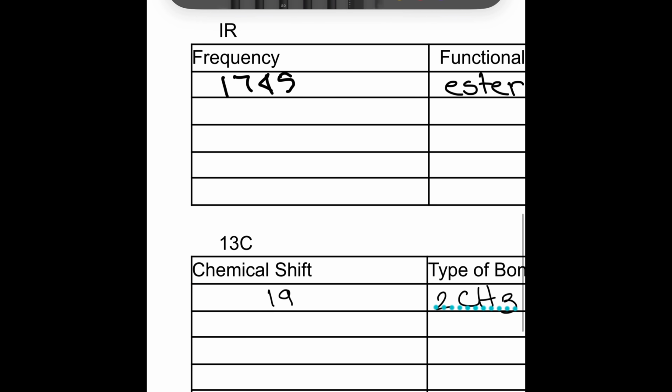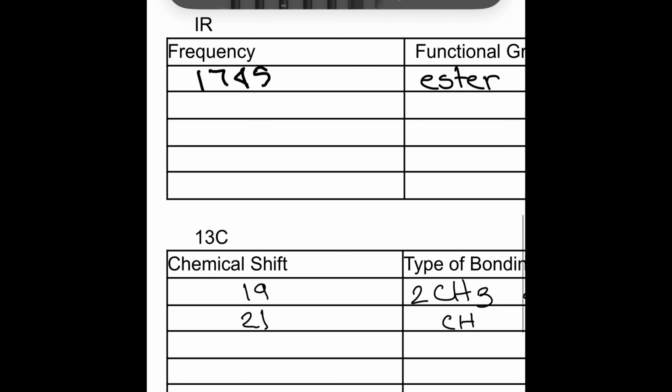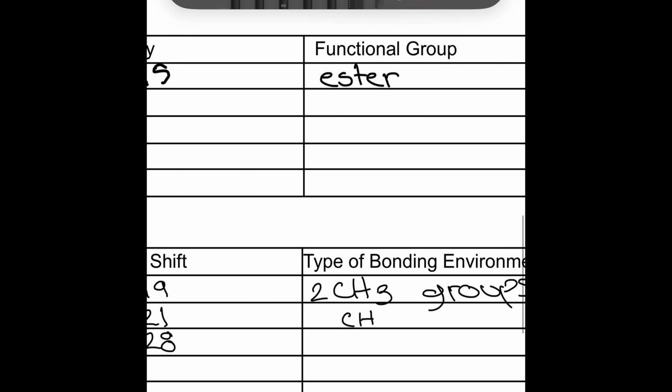And that second peak with the 21 had a CH group. The third peak with the 28 ppm value had a CH2 group.